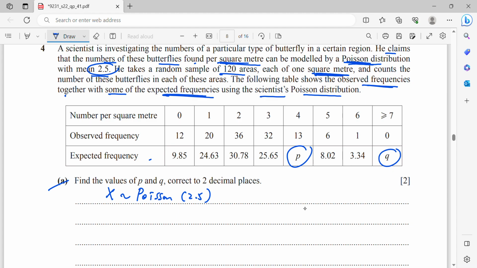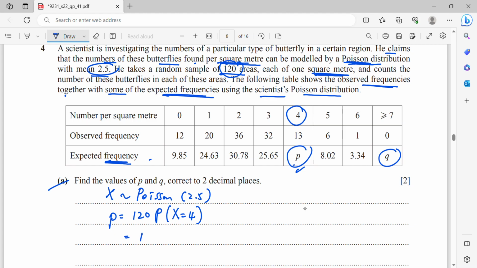The P here is basically the expected frequency, which is our probability multiplied by 120. This P happens when X is 4. So P is 120 times the probability X equals 4.